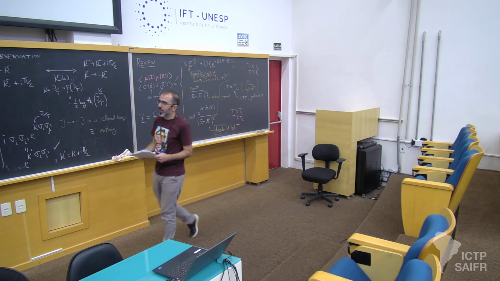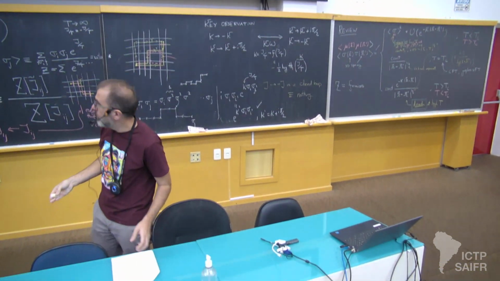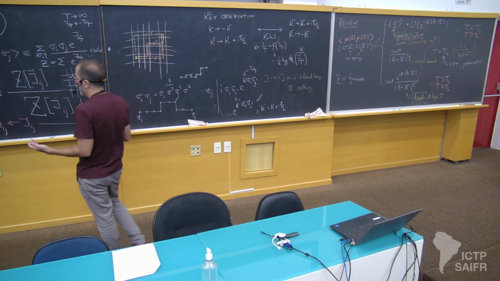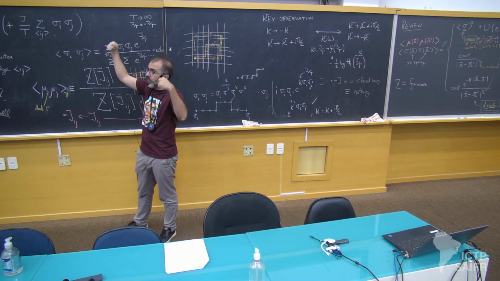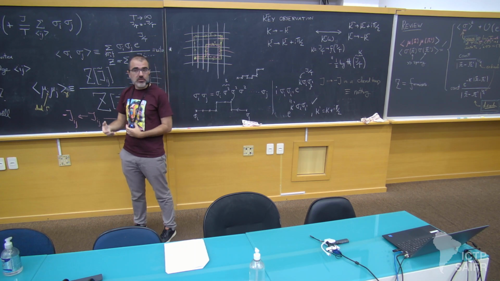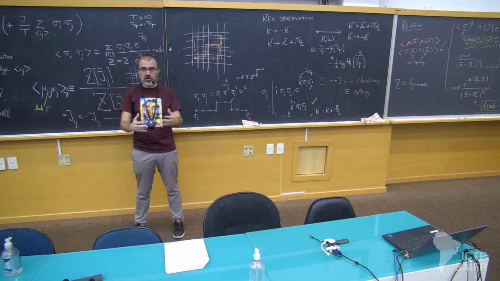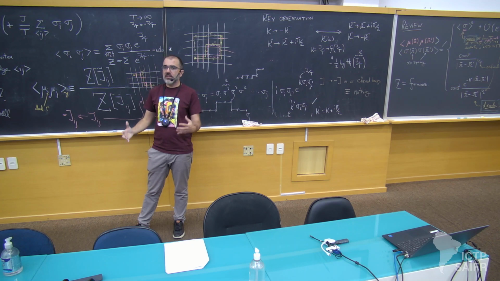Okay? And so now we have a new way of thinking. We have this non-local object that is defined by this path, that in fact is a local object. It's a correlation function of local operators. And that gives us a new way of thinking, that now we can think of disorder in pretty much the same way as we think of order. Order is the condensation of spins. Disorder is the condensation of domain walls.